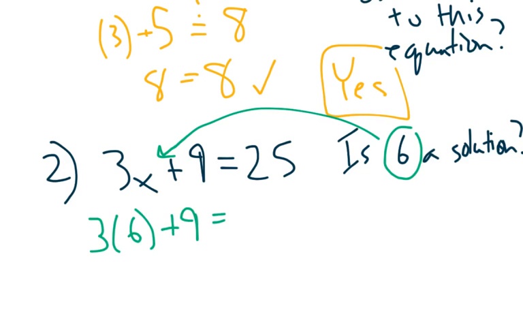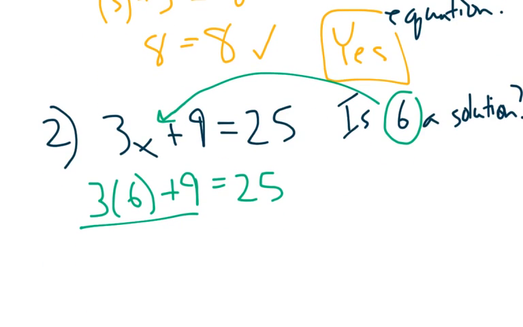And here we also get to see how math is truly building upon itself, because before this, we focused just on this part of the problem, doing 3x plus, or 3 times 6 plus 9. Can you compute that with order of operations? And then, yeah, we did 3x plus 9, let x equal 6. And now we're taking it up a notch to where we're seeing whether or not this is actually a solution to 25. And so we'll get 18 plus 9.